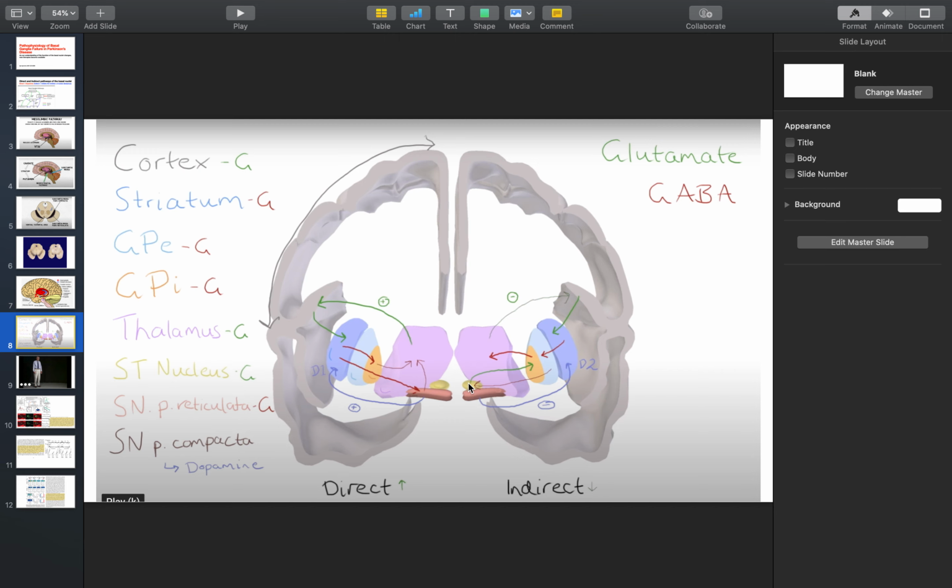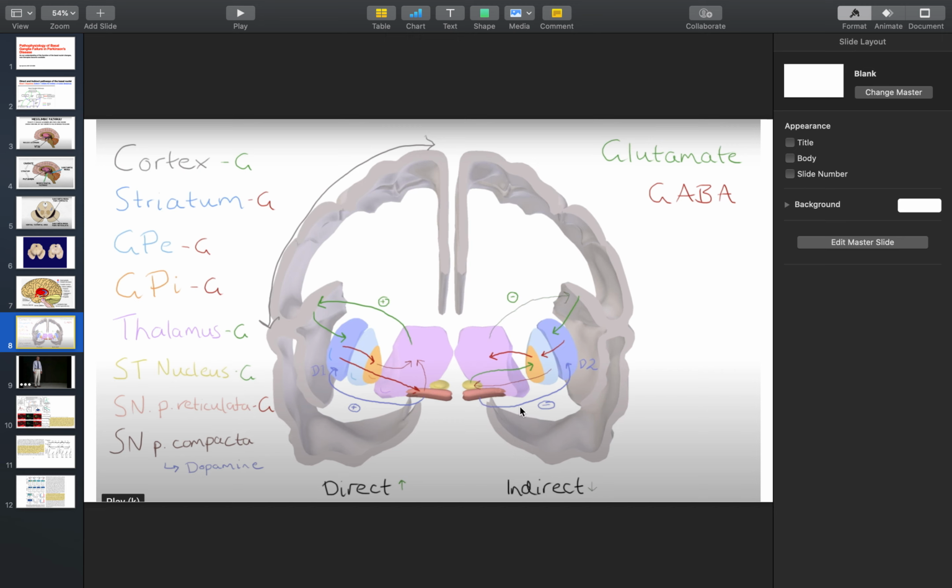So it's the same thing, and it tells the subthalamic nuclei to go to the globus pallidus internal, to excite, release of glutamate, right? And the external inhibitory pathway goes to the subthalamic nucleus as well, you see here.